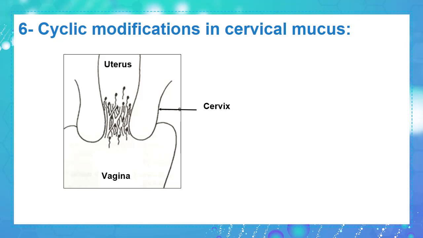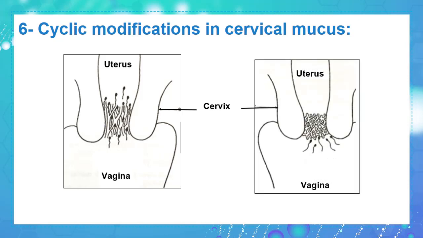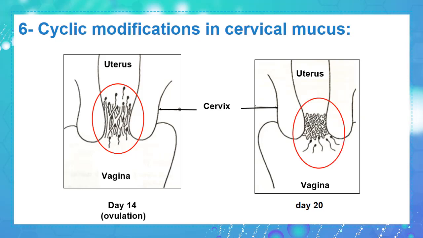The secreted mucus, however, doesn't always seem to be the same. Around ovulation, this mucus is watery and loose to allow the passage of sperms, while in other days of the cycle, the secreted mucus becomes thick and viscous, which prevents the passage of sperms. That's why the type of cervical mucus indicates the fertile period of a female.